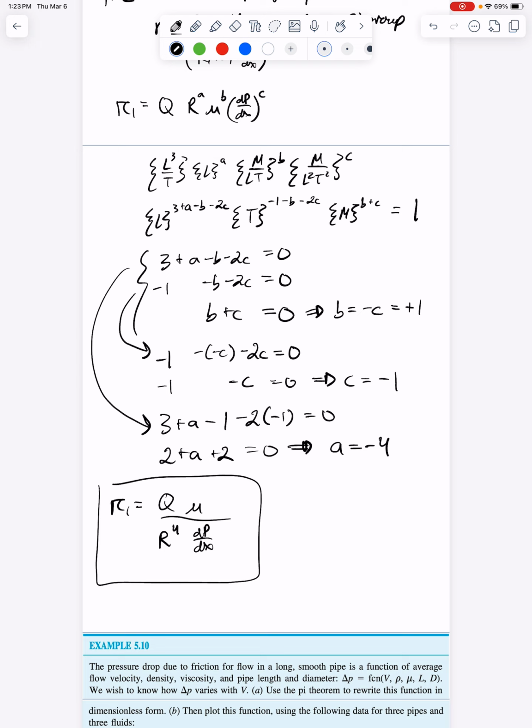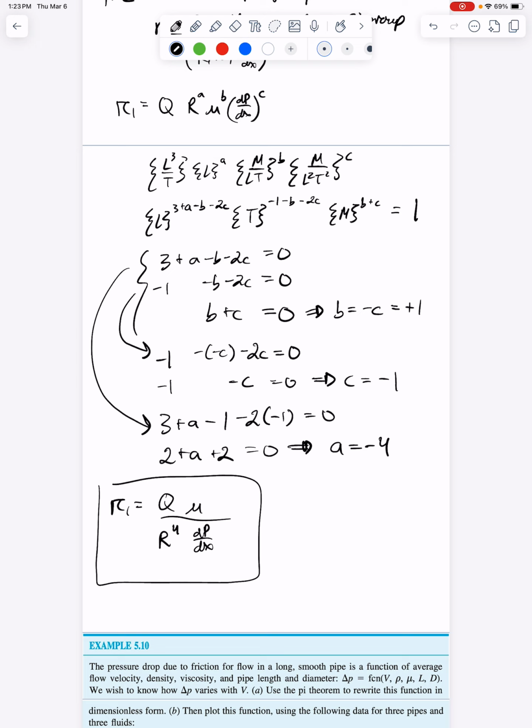And the point of this, essentially, is that different flow setups will have different q values, different mu values, different r values, different dp dx. When you plug it in, you get the corresponding pi value for that flow setup, like flow through a pipe.